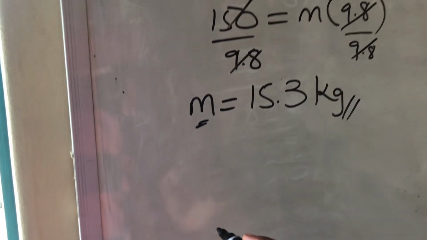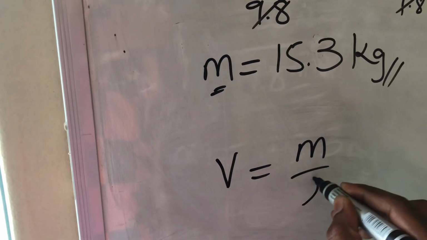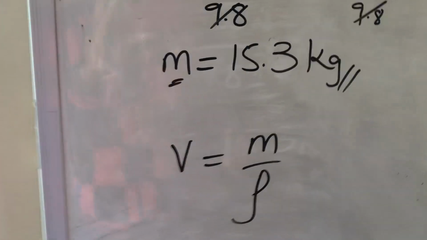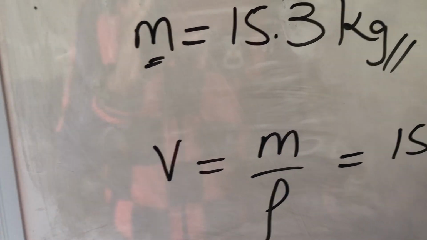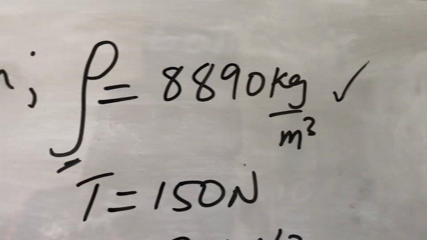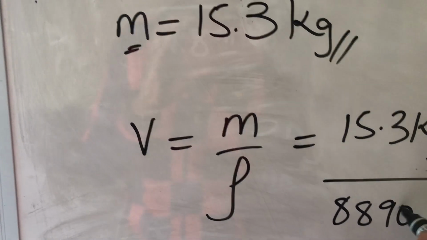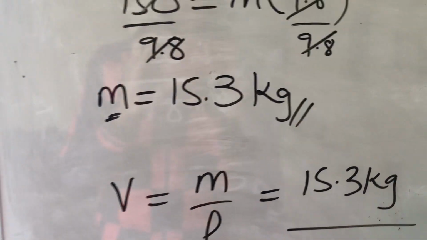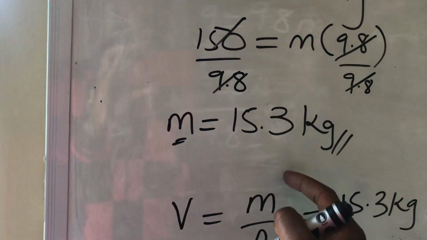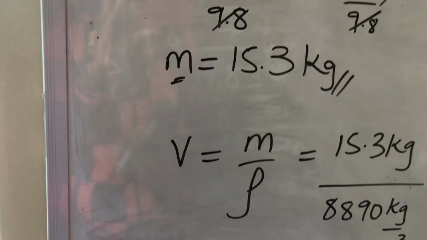Since V is equal to M over rho, in this scenario we have the value of M, which is 15.3 kg, and from the question we are given the value of rho, which is 8890 kg per cubic meter. So we can plug that in. Remember, this is equal to V.